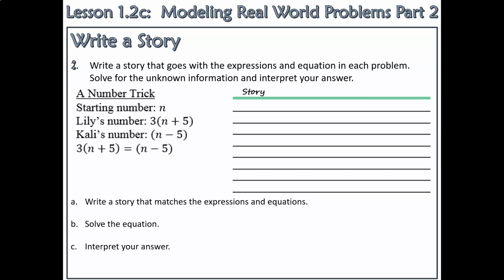So Lily starts with a number, which is n, and then she adds 5.